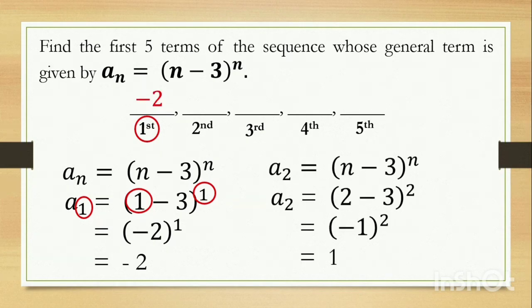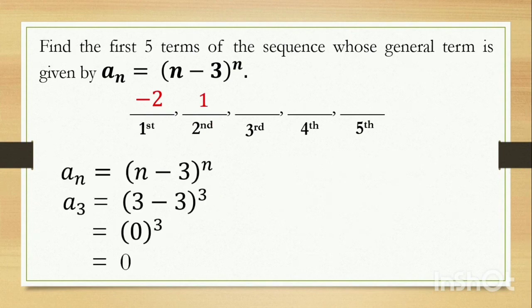Next, our second term, so since second na ang hinahanap natin, isa-substitute natin ang 2 sa mga n. So we have now 2 minus 3, that is negative 1, and negative 1 raised to 2, that is 1. So since negative 1 times negative 1, same sign, that will become positive 1.